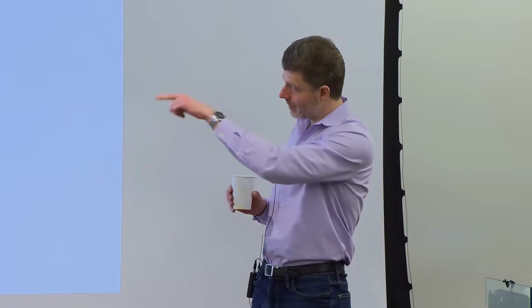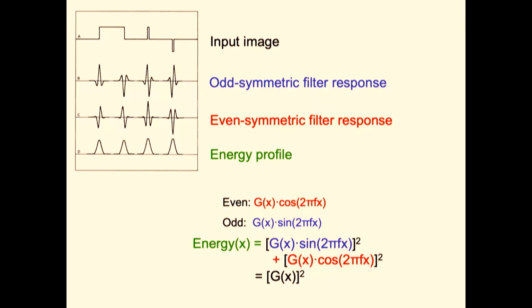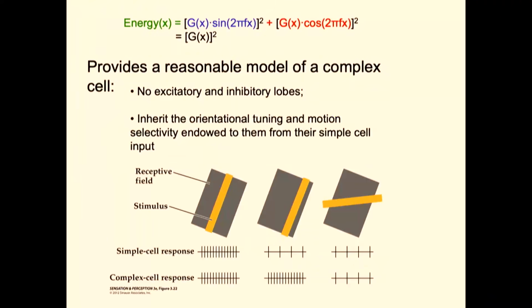Now you get this nice little bump anytime there's an image feature. This energy model provides a reasonable model of a complex cell. There aren't any more of these excitatory and inhibitory lobes. It inherits the tuning that is endowed from simple cell input.